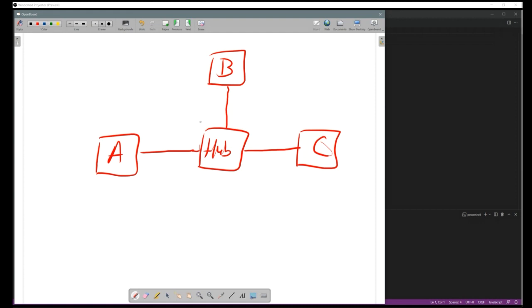Okay, so this creates a collision domain.